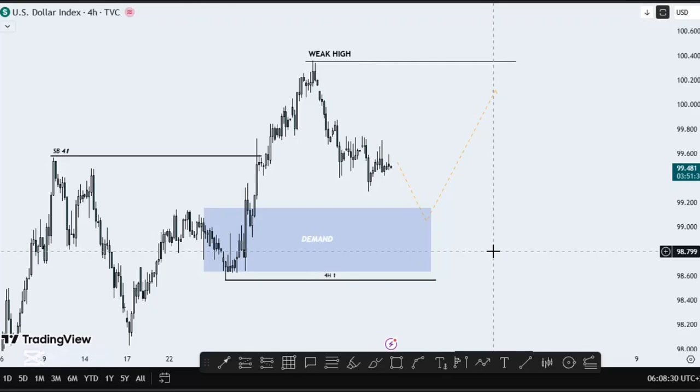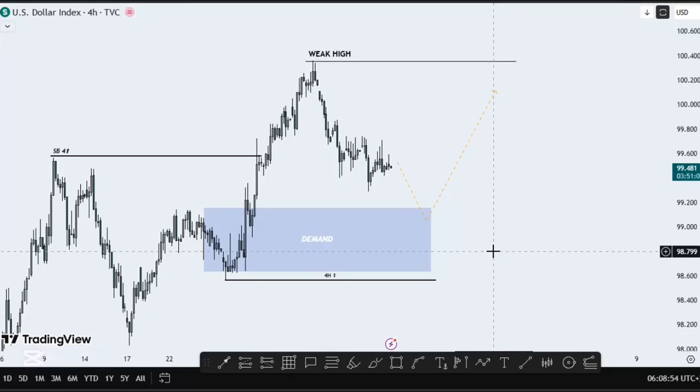Now, without further ado, let's start our weekly forecast by marking the structure on the DXY. For the new guys watching our channel, let me quickly explain how we do our trading strategy. Basically, we focus on multi-time frame analysis, which is purely price action.